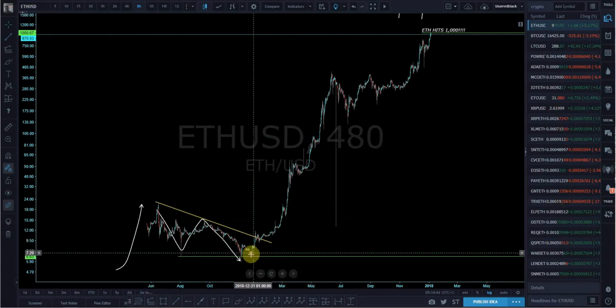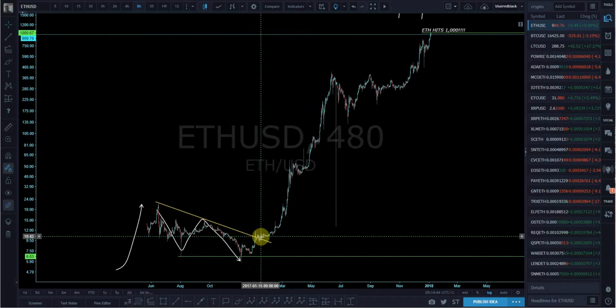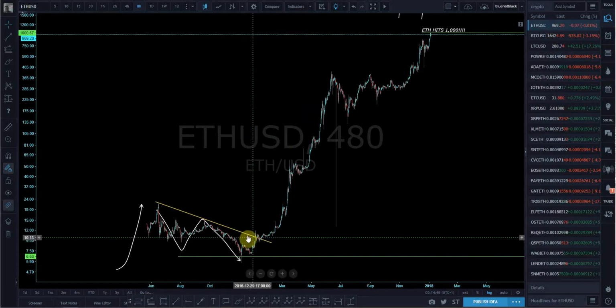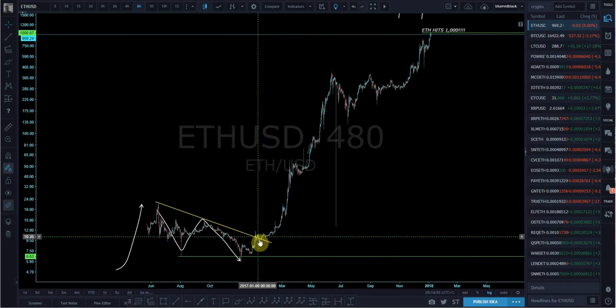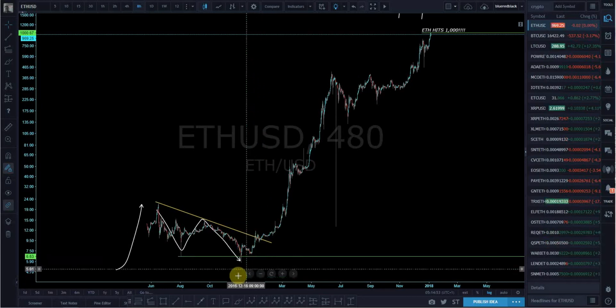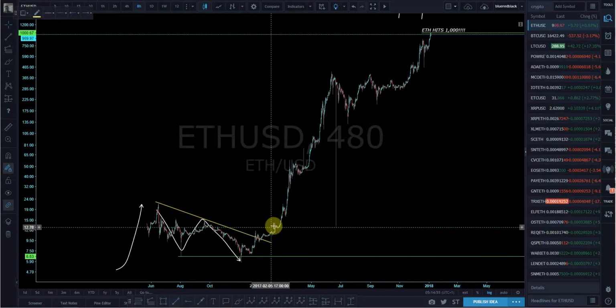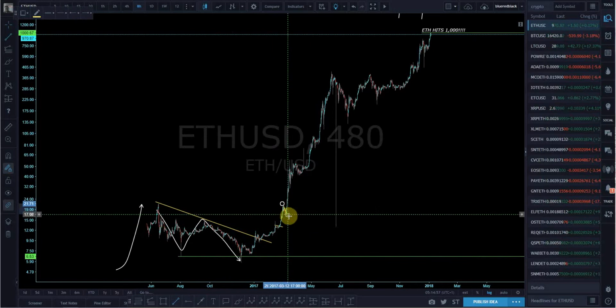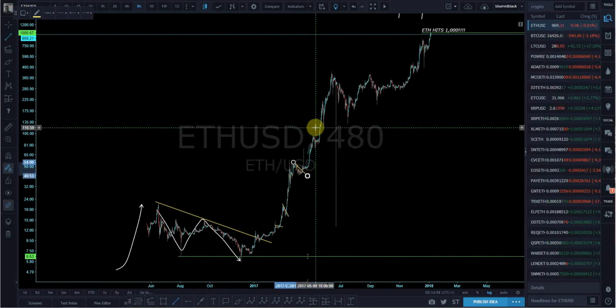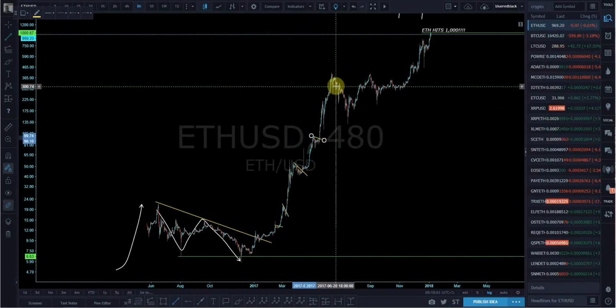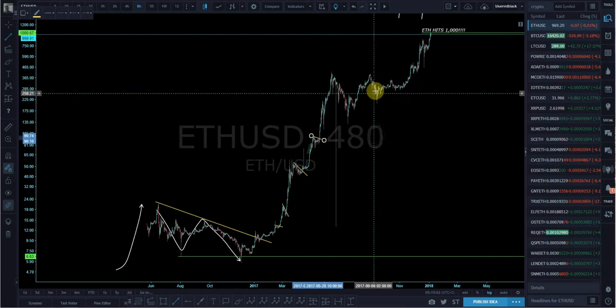And the confirmation is a break and a correction. So you see how it made pretty much the same pattern in a smaller fractal right here. That's your confirmation that it's going to go up. And then when you have that, basically all the little flags become buying opportunities.